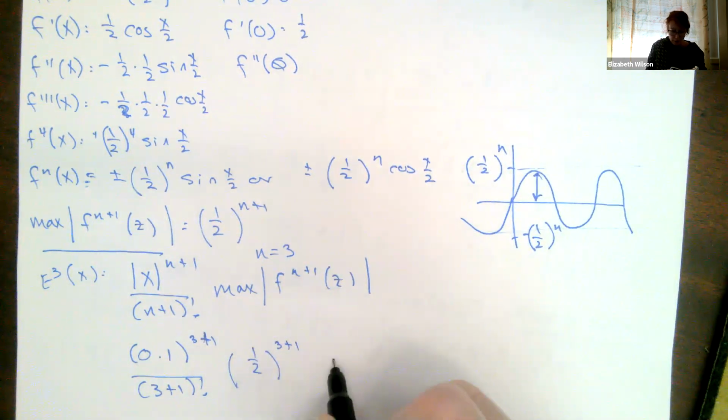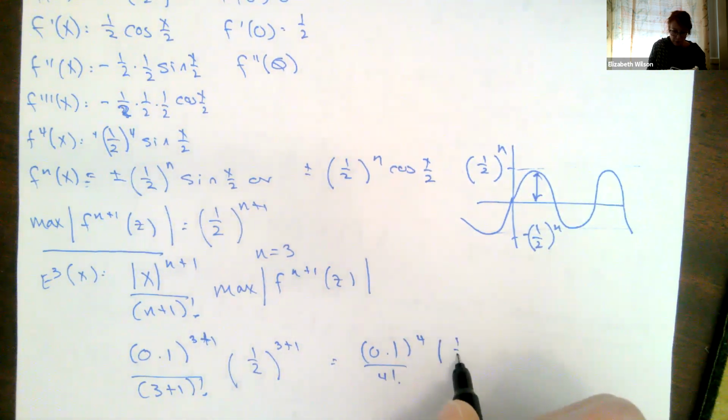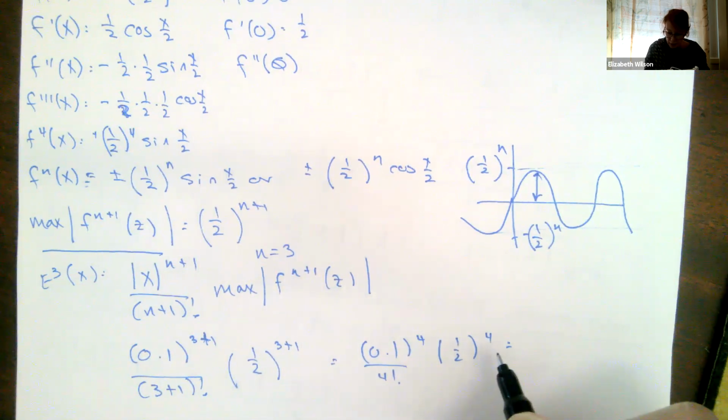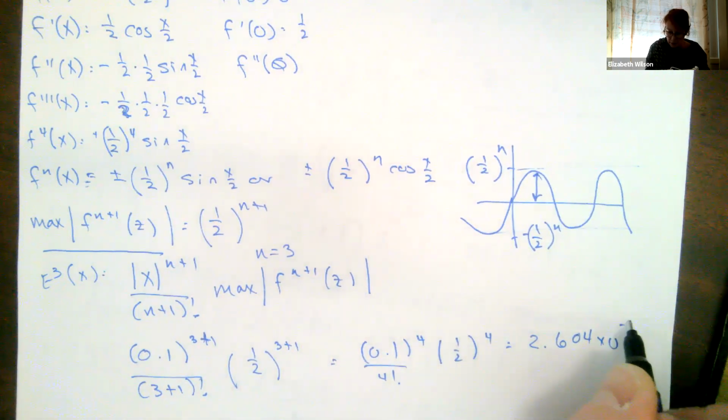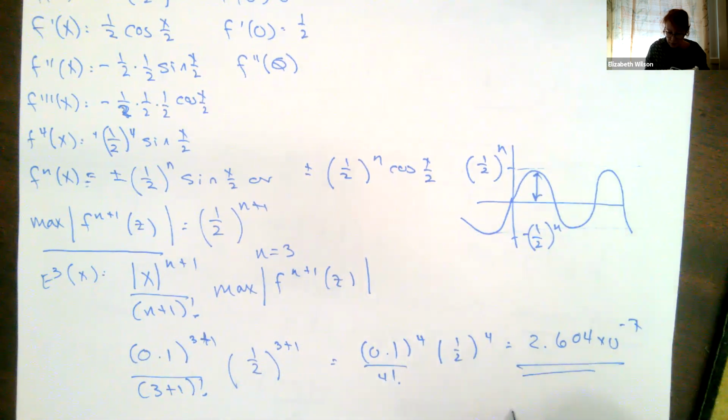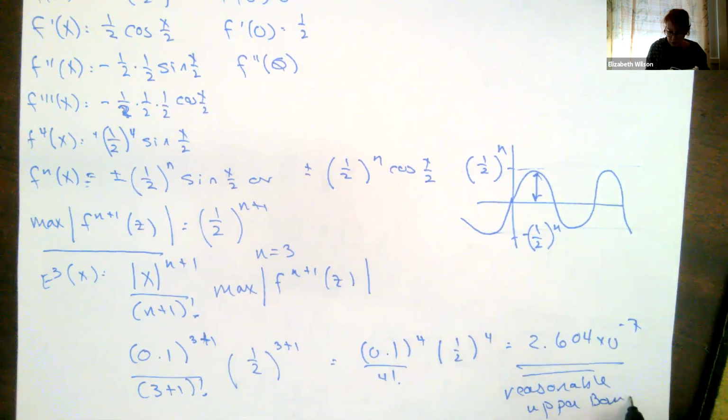So this is 0.1 to the 4 over 4 factorial, times 1/2 to the 4. This is a number. What did I get? I get 2.604 times 10 to the minus 7. So this is a reasonable upper bound on the error. Okay.